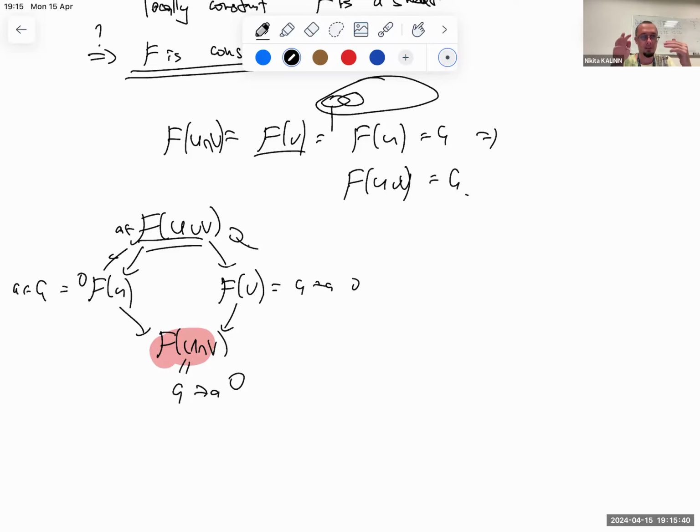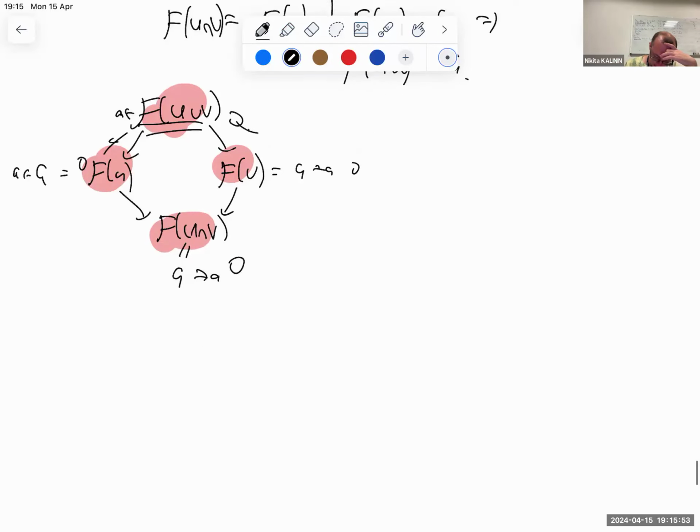So actually, I think that's the correct way to formulate this gluing property. That's exactly using this diagram, right? So what I want to say is that you have F of U plus F of V, and a map to F of U intersect V, where you send A and B to A minus B, and you say that this diagram is exact.